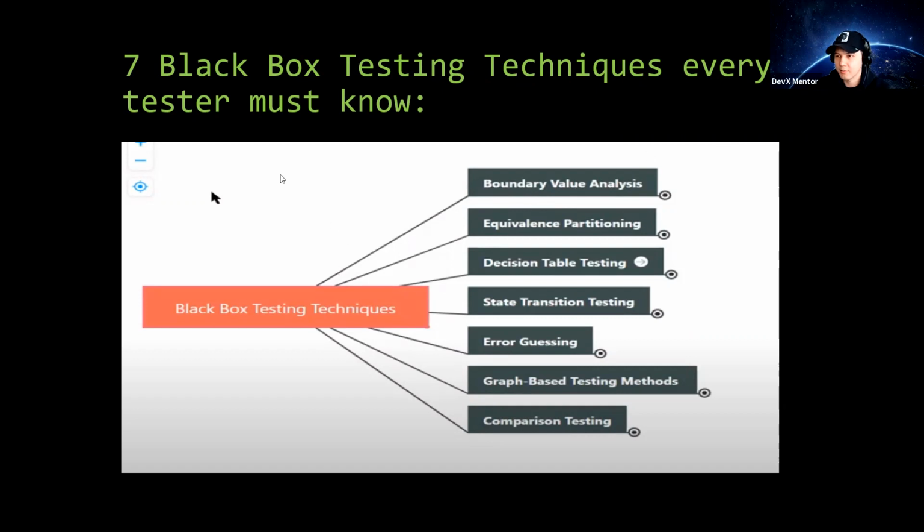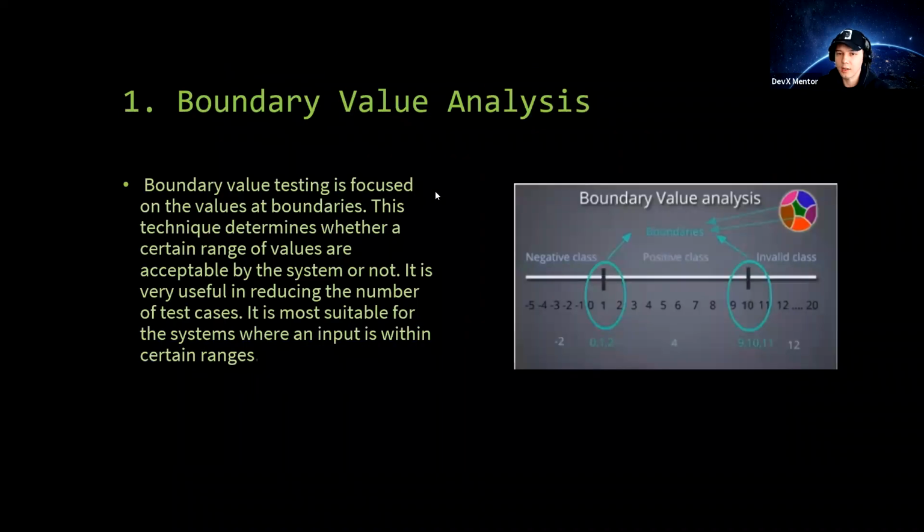There are 7 basic, main testing techniques we need to know: boundary value analysis, equivalence partitioning, decision table testing, state transition testing, error guessing, graph-based testing methods, and comparison testing. We're gonna talk about all of them right now and figure out what that means.